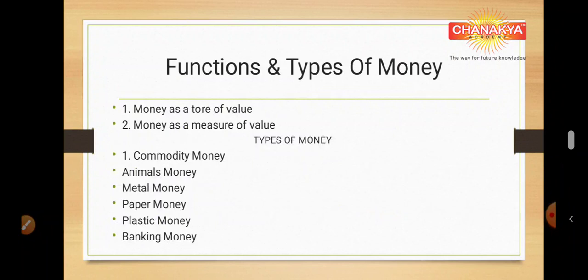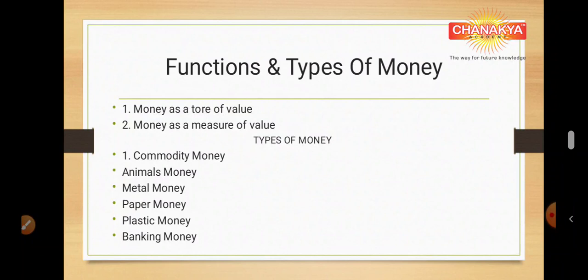So based on these, we can evaluate money into 6 different categories. First one is commodity money, that is when goods were exchanged with goods. Animal money, that is when animals were used as a common medium of exchange. Metal money, the era when we were gathering minerals and coins as the medium of exchange.